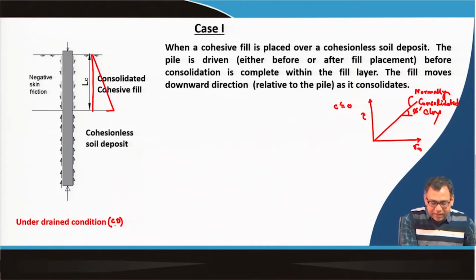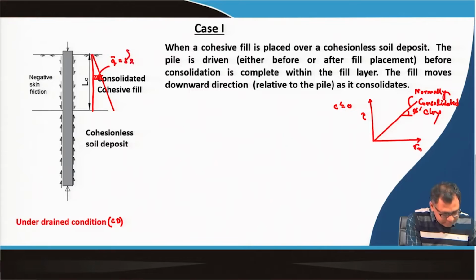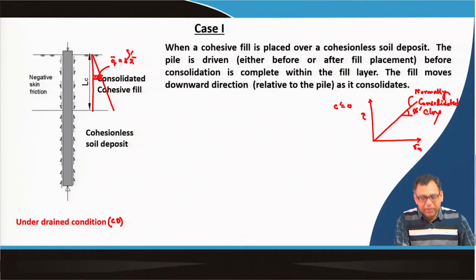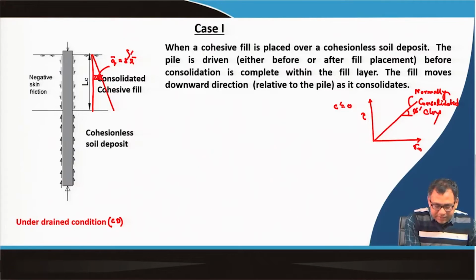So, we will get this type of distribution and then we can calculate the friction resistance, or the negative skin friction. Suppose this is the q bar, which is equal to gamma into z, where gamma will be the effective gamma and z is at any distance z.